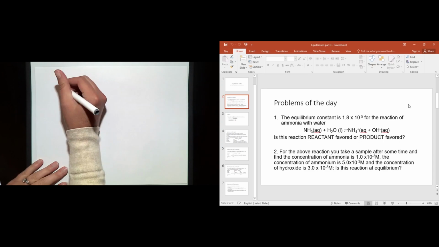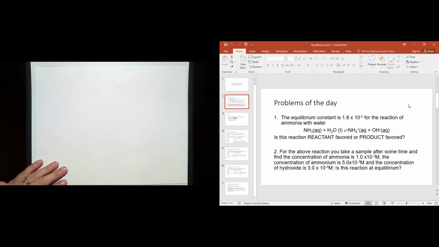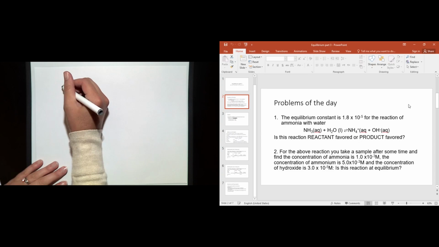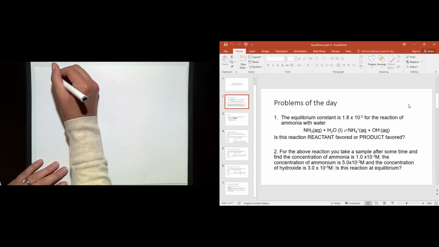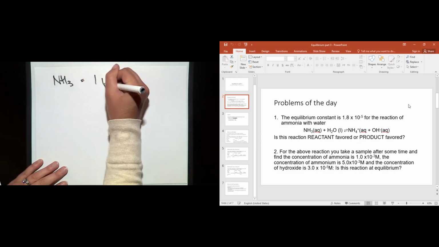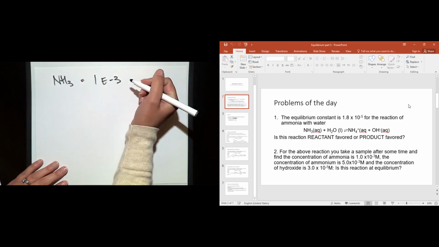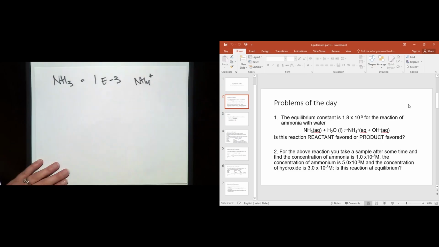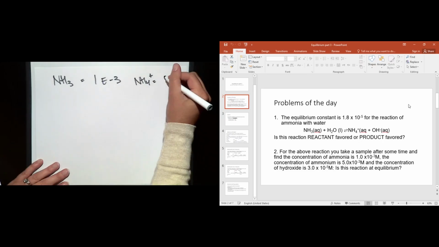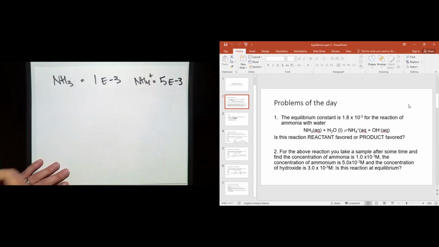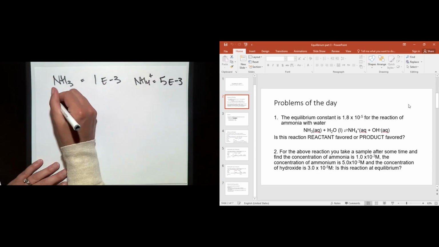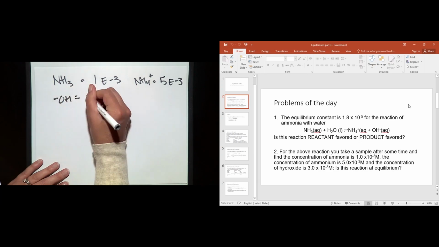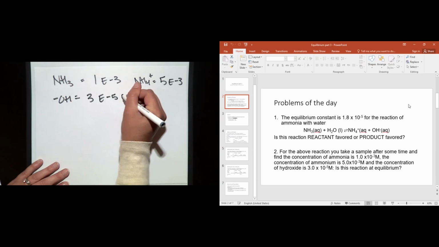For the above reaction, you take a sample after some time and find the concentration of ammonia is 1 times 10 to the minus 3, ammonium, the polyatomic ion, is 5 times 10 to the minus 3, and hydroxide is 3 times 10 to the minus 5.